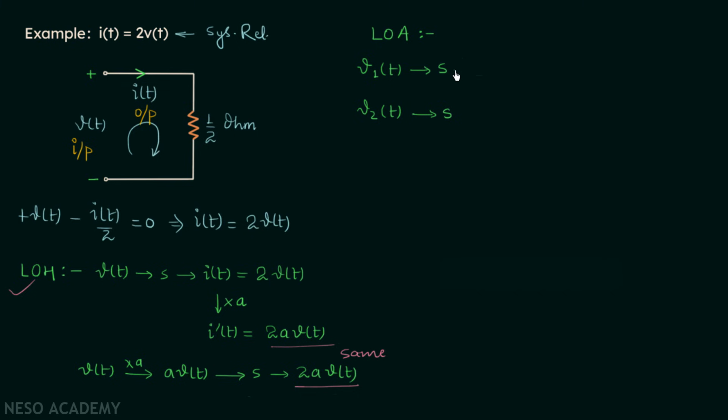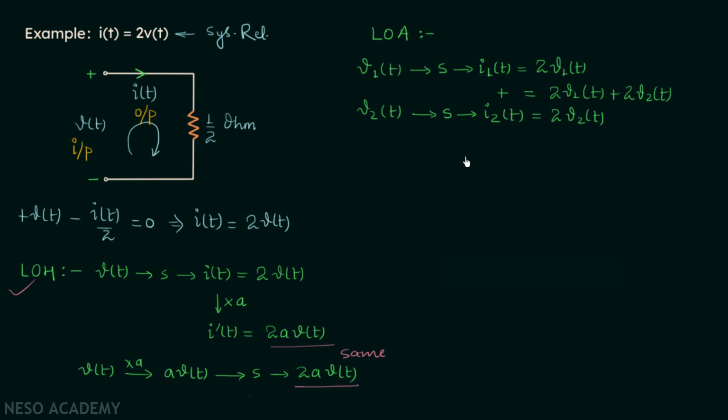In this case we have the output I1t and it will be equal to 2 times V1t according to the functionality of the system. In this case we will have output I2t and it will be equal to 2 times V2t, and after this we will add I1t and I2t and this will give us 2 times V1t plus 2 times V2t.